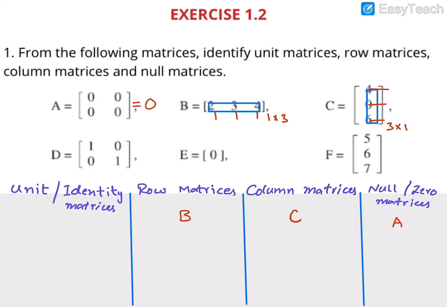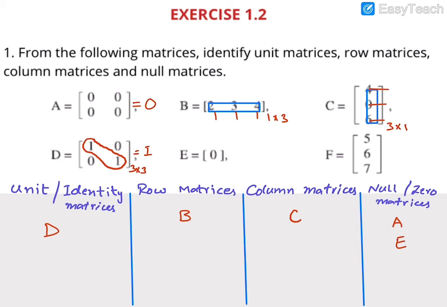D is a square matrix and diagonal element is 1. So it is identity or unit matrix. You can write here D. You know identity matrix is denoted by I also. Next E. E is obviously 0. So null matrix, you can say.